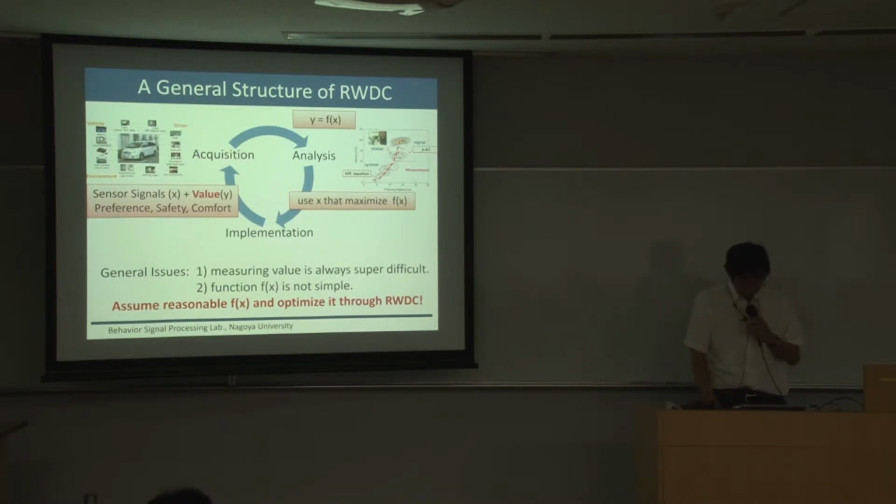And so even autonomous driving technology or its artificial intelligence knowledge can be a part of the target of real-world data circulation. Actually, that is a very easy application for real-world data circulation because sensing is easy.